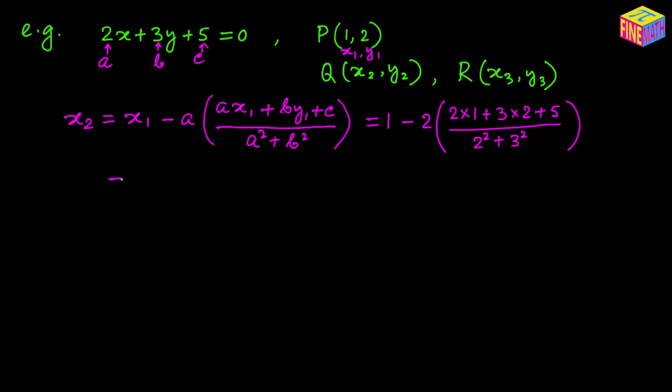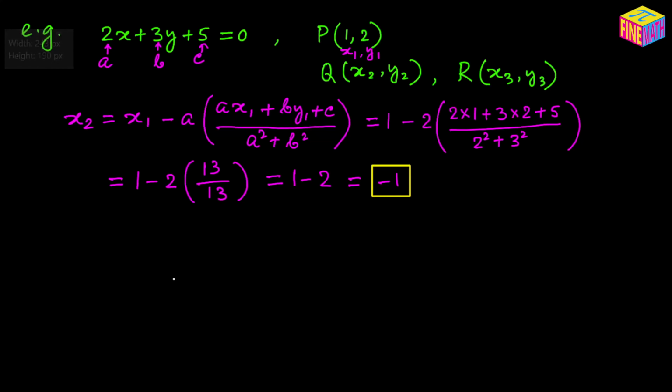Let's simplify this a little bit. That would be 1 minus 2 times, in the numerator we have 2 plus 6 plus 5, so that would be 13, over 2 squared plus 3 squared, that's 4 plus 9, that's 13 again. Well, looks like we got lucky. So this will simplify to 1 minus 2, and that is equal to negative 1. So this is the value of x sub 2.